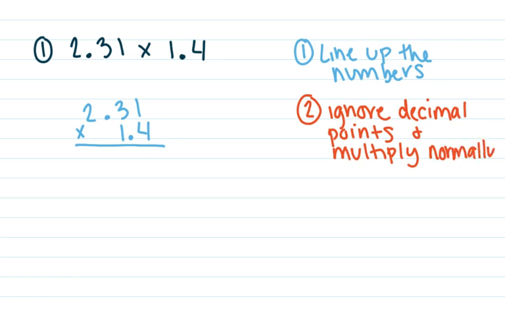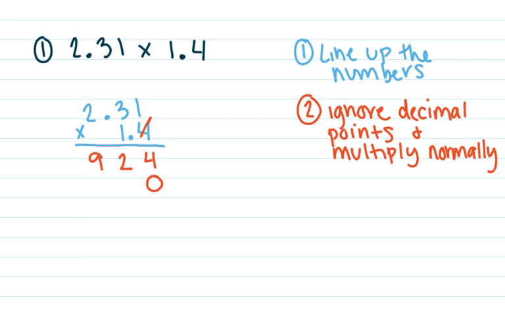So 4 times 1 is 4. 4 times 3 is 12, carry my 1. 4 times 2 is 8, plus that 1 is 9. I am done with this 4, so I'm going to put down a placeholder there, scratch it out, and put down a placeholder. And I also don't need this 1 anymore because I'm done multiplying the 4.